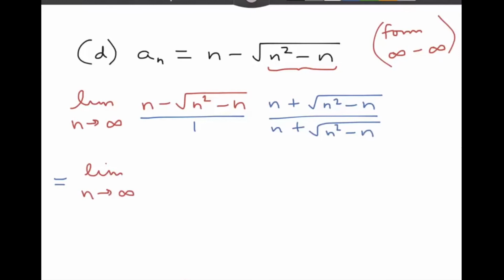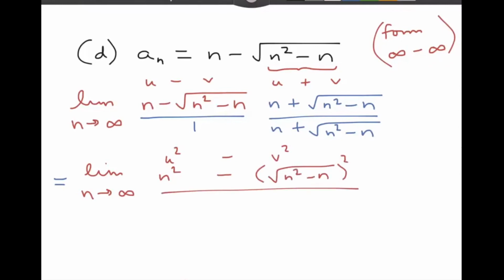Okay, notice in the numerator we have A minus B times A plus B, which multiplies out to A squared minus B squared. So that would be n squared minus the square of the square root of n squared minus n. And then downstairs we just have n plus the square root of n squared minus n.